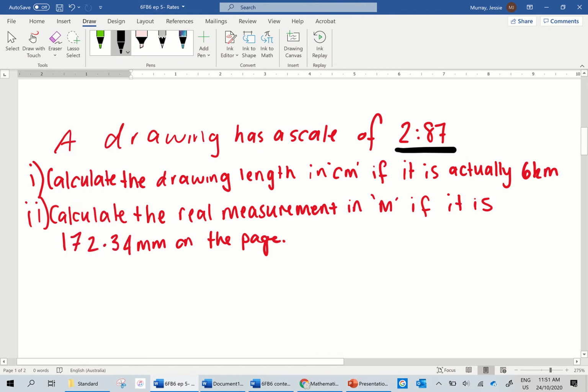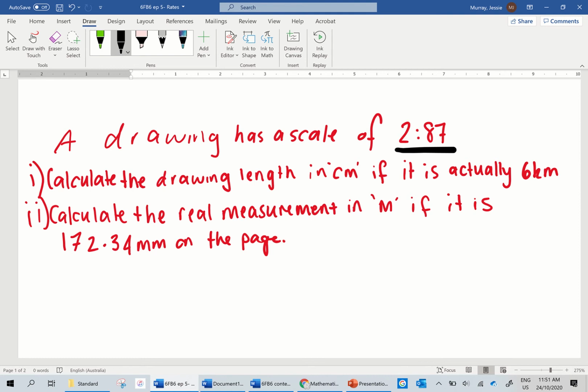But if I show you how to do it with a really hard scale, doing it with an easier scale, if they do ask you for one, will be easier for you. So that means 2 to 87. So whatever it is, whether it's centimeters, millimeters, kilometers, every 2 on the page is 87 in real life.